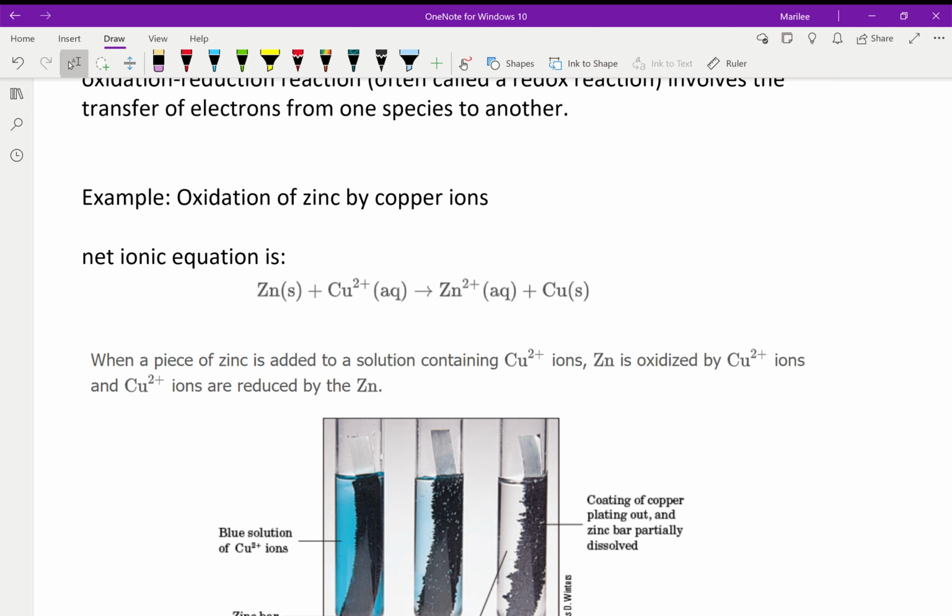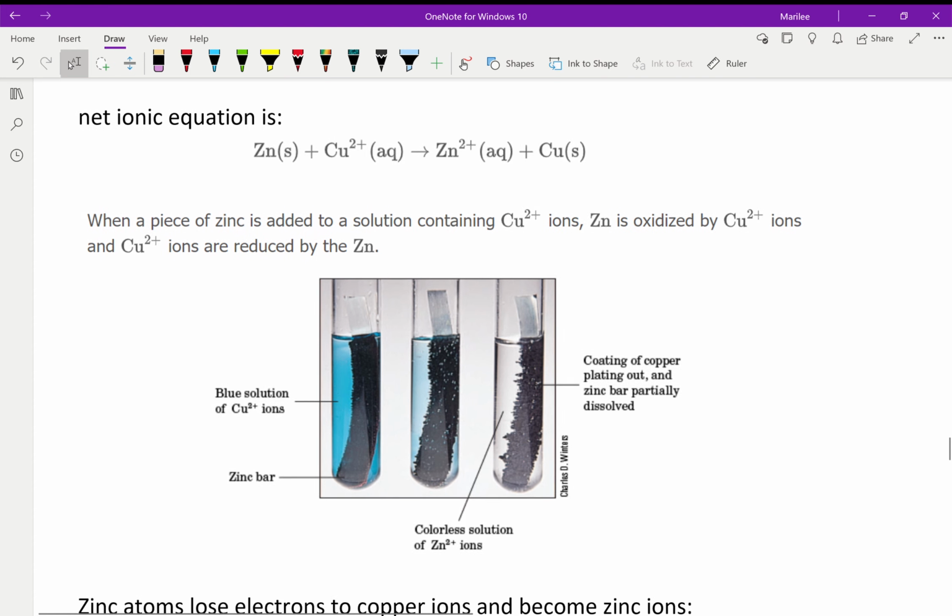And when we put our zinc into the copper solution, it reacts. So our copper solution is shown by the blue solution here, and the zinc is the bar that's placed into it.